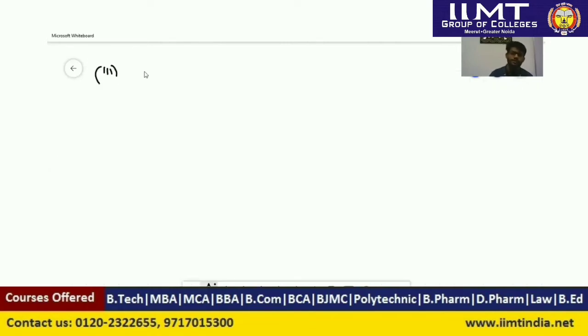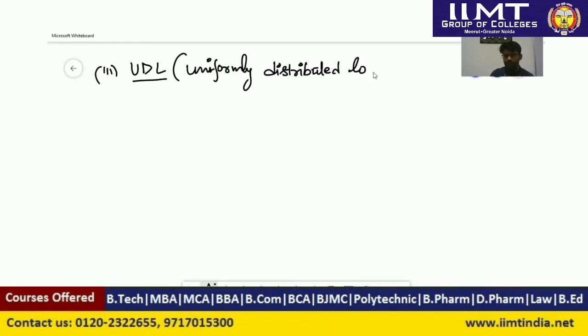And now the third type of loading is UDL, or uniformly distributed load. In short form, we represent it as UDL. A UDL, or uniformly distributed load, is that type of load which acts uniformly over the entire area over which it acts.